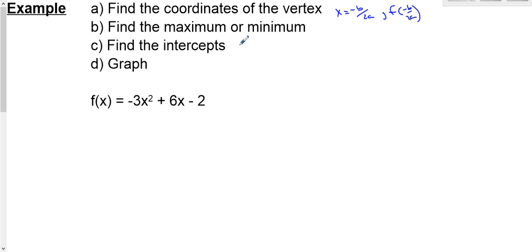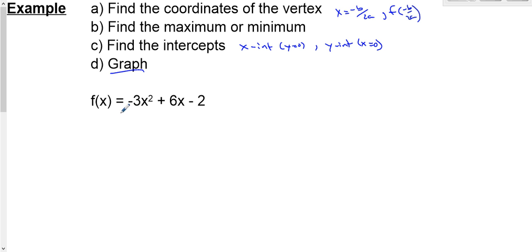We also need to find the intercepts: the x-intercept when y is equal to 0, and the y-intercept when x is equal to 0. And then we need to graph this.